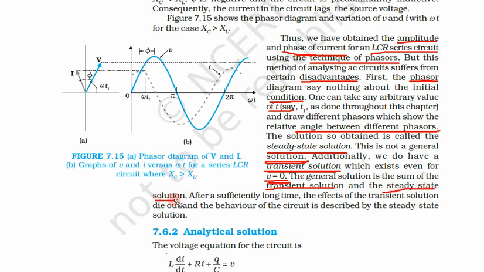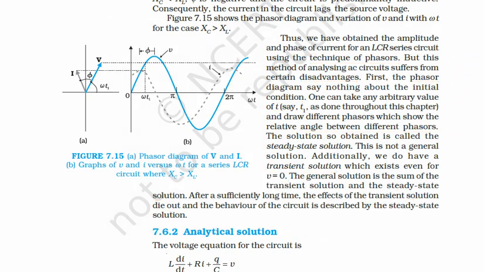So now we use the analytical solution, that means a mathematical method, to calculate the transient solution and steady state solution, and the combination of that is called the general solution. After a sufficiently long time, the effects of transient solutions die out and the behavior of current is described by the steady state solution. So let us understand what they are trying to say.